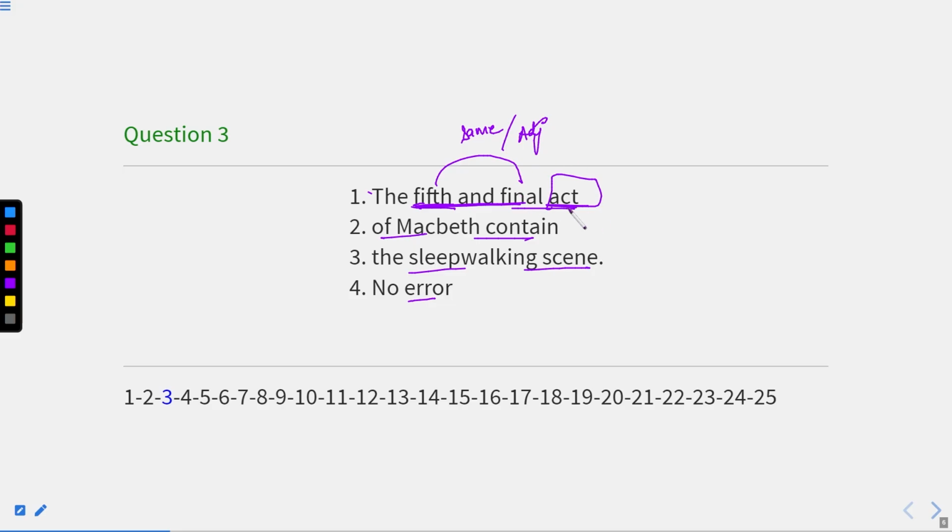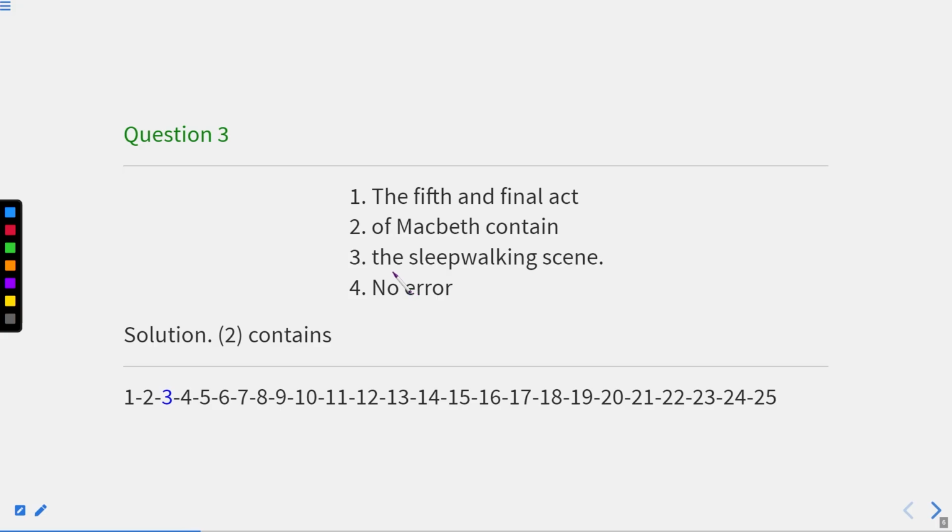Okay, and here act is only one, therefore this is a singular subject, and if the subject is singular we need to write a singular verb with it. So "of Macbeth, contain", now contain is a plural verb, and after adding s to a verb it converts into a singular verb, so this "contain" should be replaced with "contains". Okay, the sleepwalking scene, so here the correct answer will be second, that is "contains".